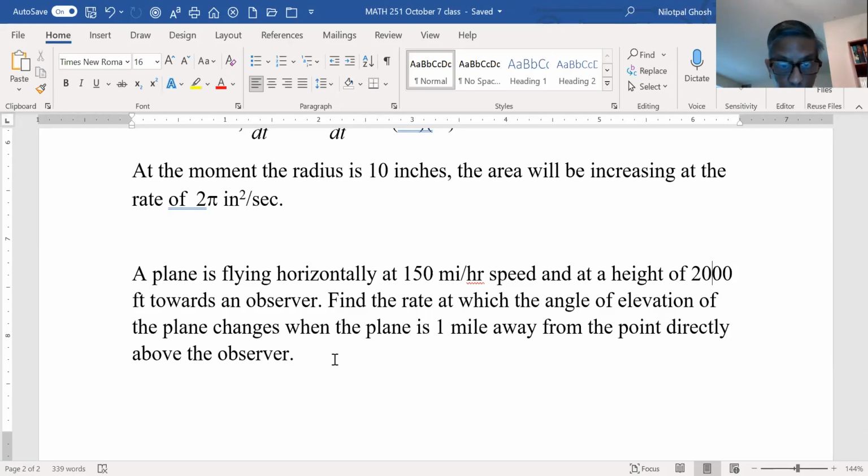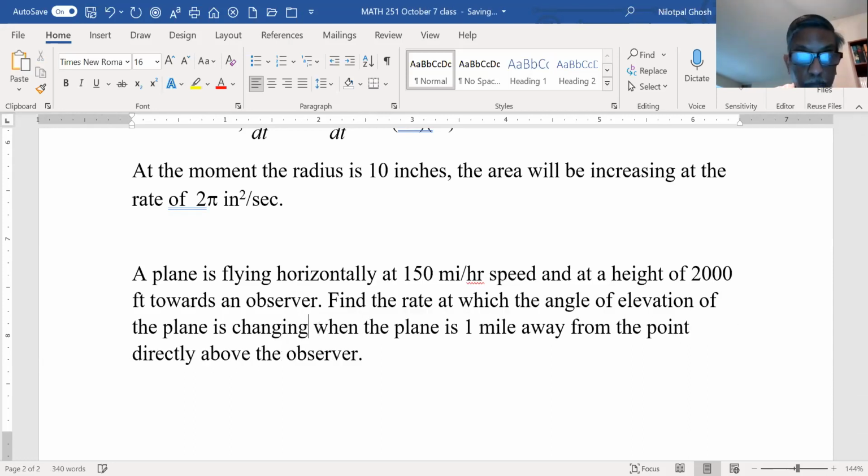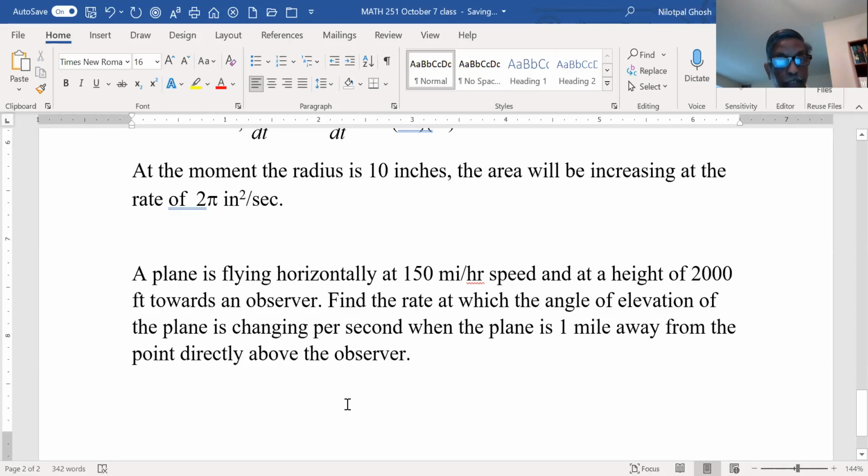Okay. So suppose I change the problem: the angle of elevation is changing per second when the plane is 1 mile away from the point directly above the observer.